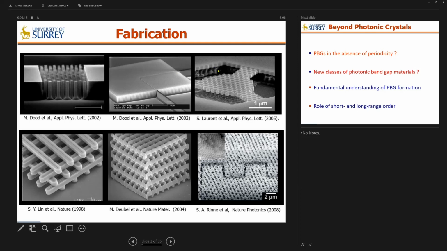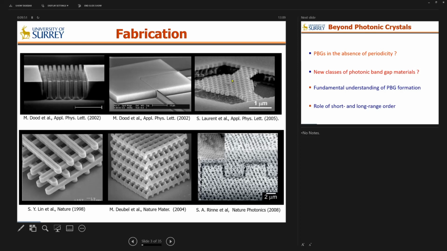In a similar manner, we can consider this membrane here periodically structured with holes in which the central hole, this one over here, is somewhat larger than the surrounding holes. This provides a defect mode, a mode in which we can localize the electromagnetic radiation. And the mechanism of localization is similar to the one discussed here. The larger hole is surrounded by material which has a band gap. The light is reflected back to the central hole.